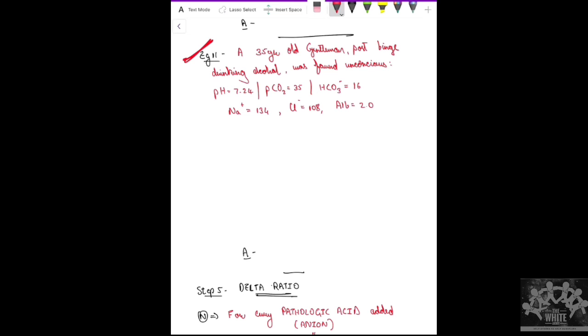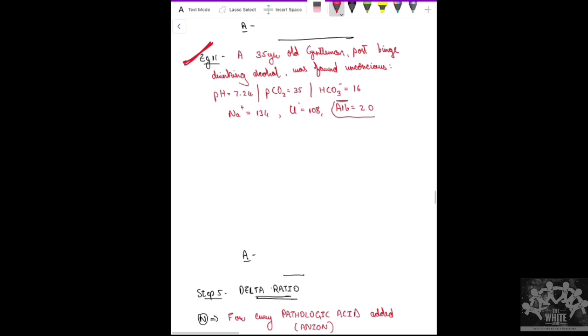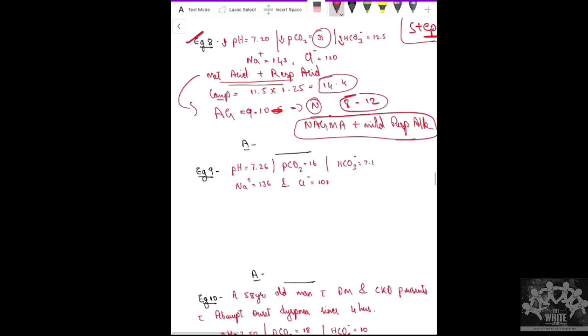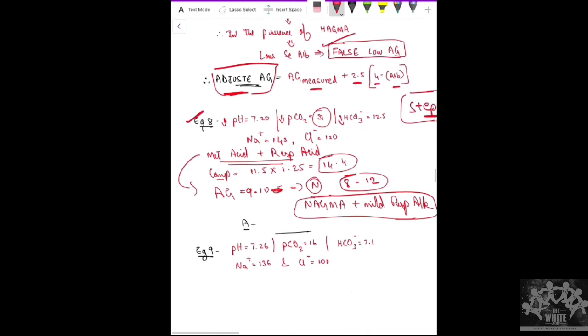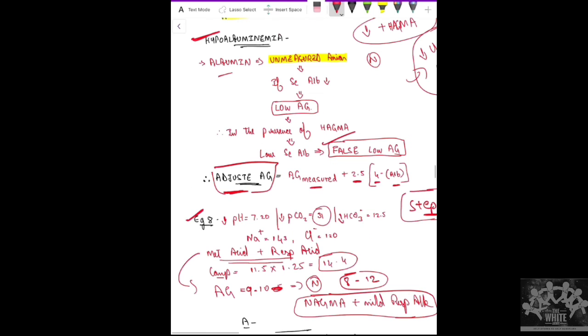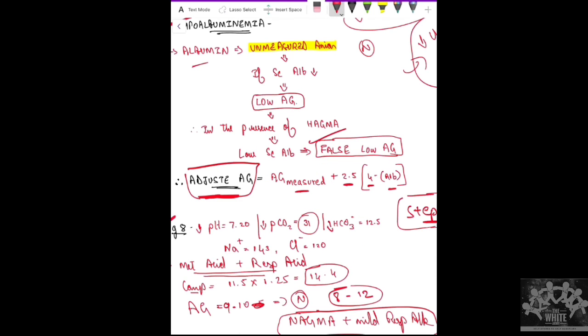Over here, please note that the albumin level is low. So you'll have to use the adjusted formula. Can anyone answer this?